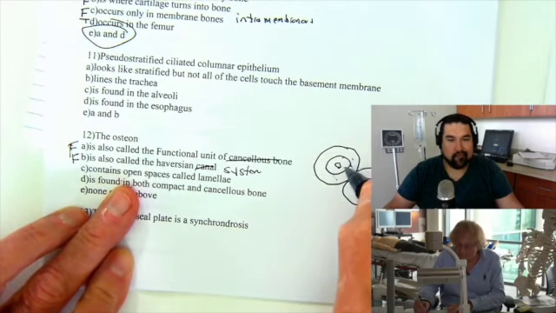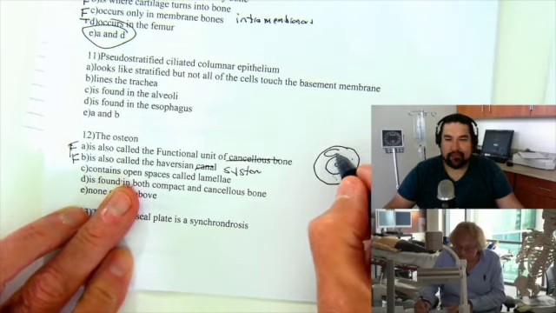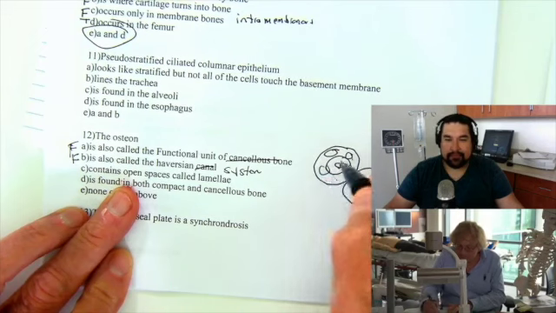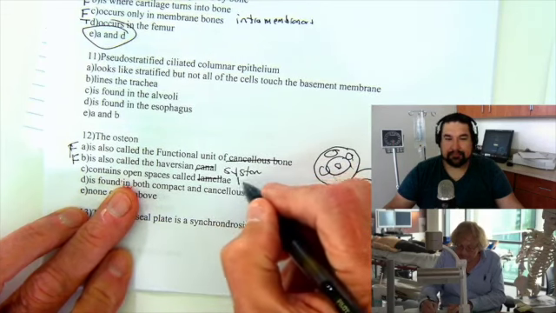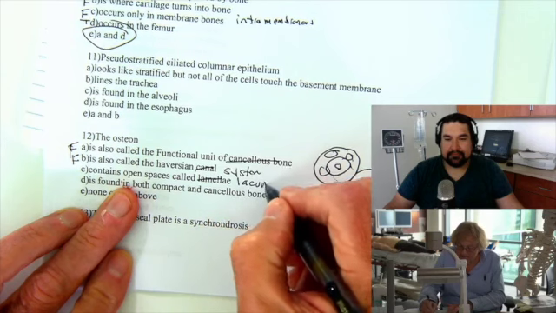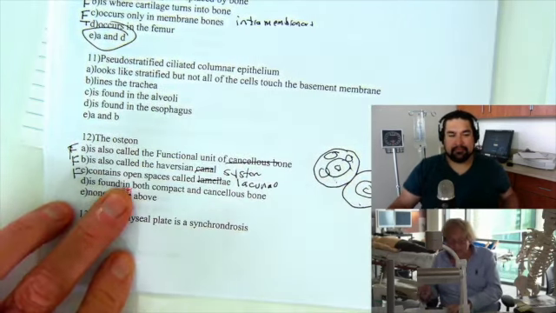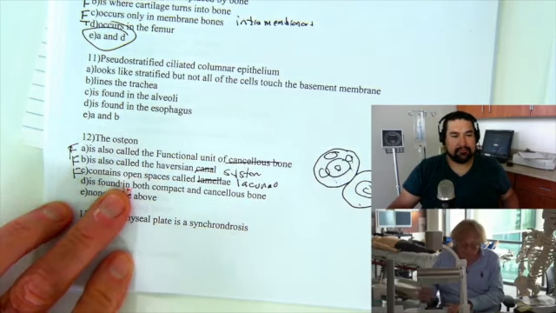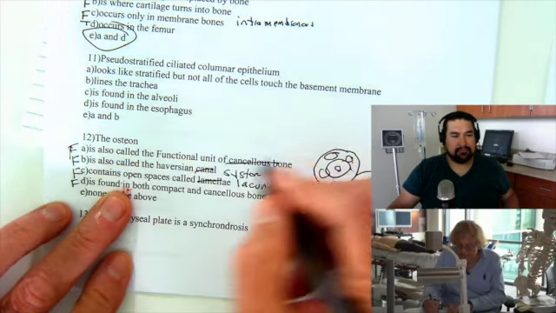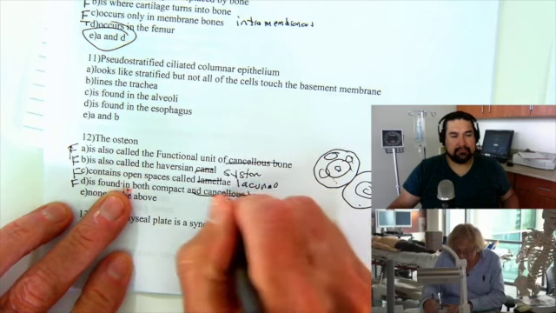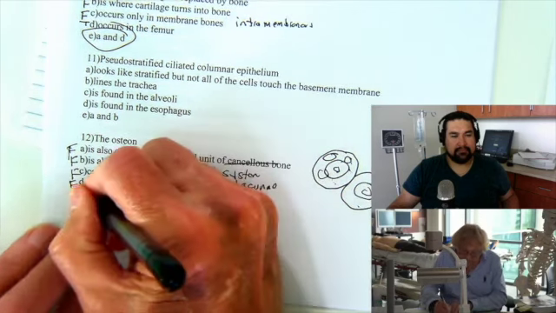These are layers. So open spaces are these things here. That's not lamellae. They're actually called lacunae. So that's false. It says it's found in both compact and cancellous bone. Again, that's also false because it's not found in cancellous bone. So therefore, none of the above.